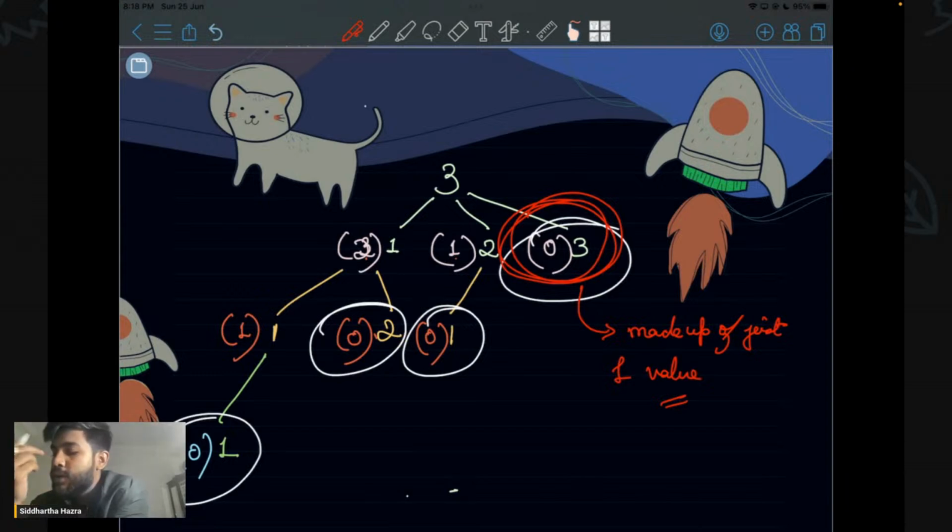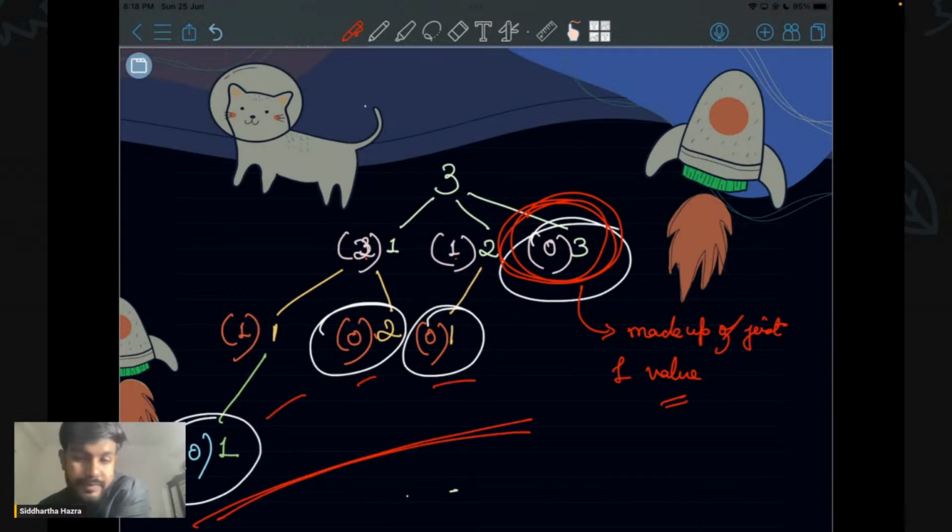In the same manner, if we are told that we need to take out the sum using 2 or more numbers, then by using the direct 3 we are just using one integer. That is why this is not a valid option. The number of ways to represent 3 is these 3 ways.